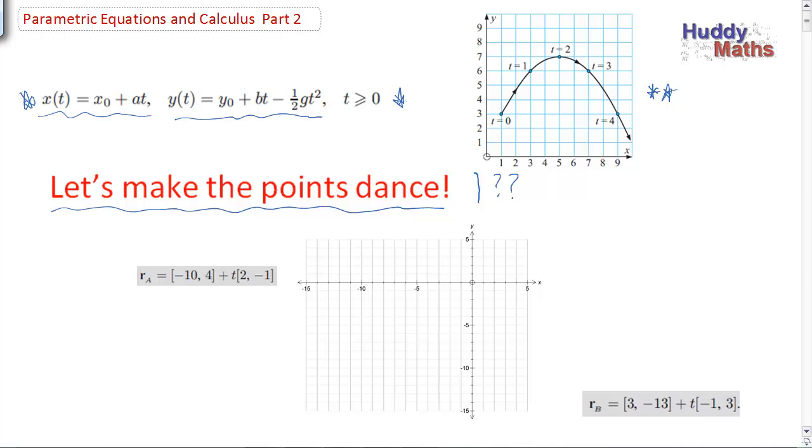The idea here to me is, as you'll see in the next presentation, if you could make x some function in t, and this could be itself a quadratic or a cubic, and so could y, can you see, or sense at least, that we could make the x and the y movements quite more complex than what we could with just writing a y equals a function in x type relationship, x cubed, x to the fourth, etc. They're actually pretty plain functions, but we could make the points dance a little bit around the Cartesian plane if we related each of them separately to a function in t.